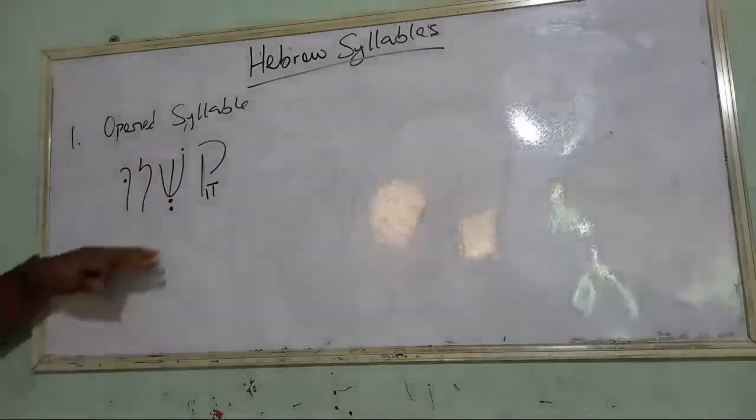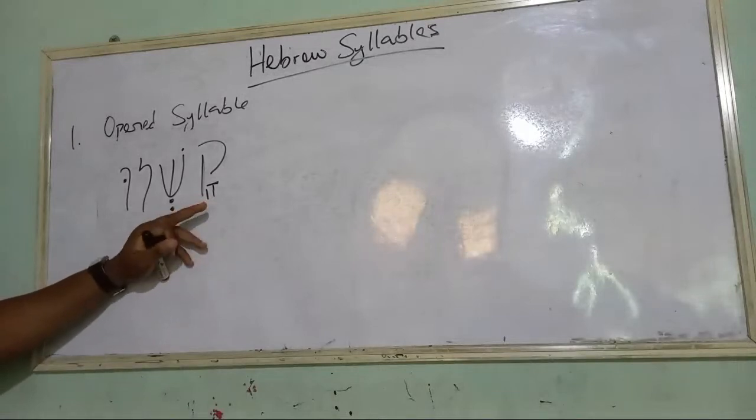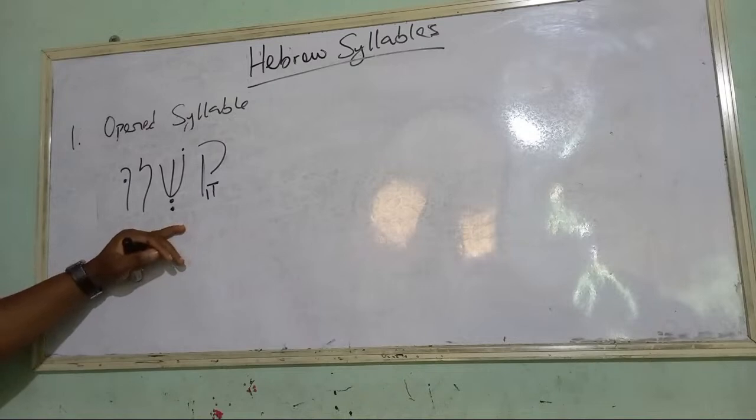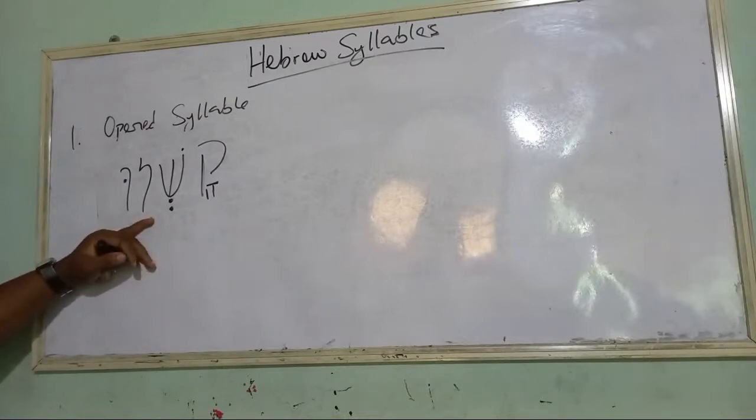Any syllable written with a meteg is an open syllable. In this word, we will determine the number of syllables by counting the number of full vowels.